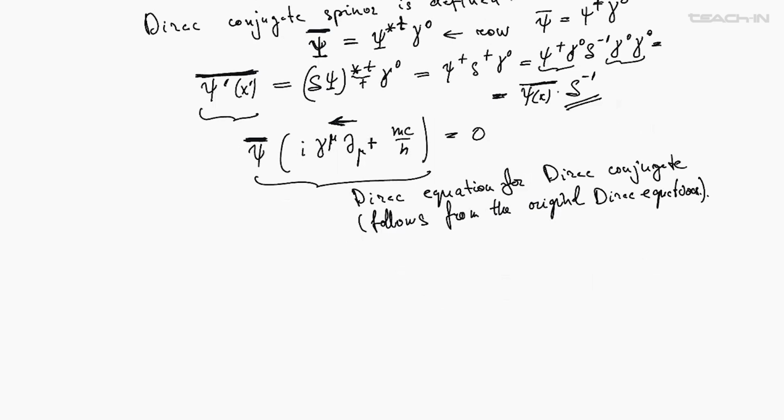Okay, now, so we considered the transformation properties of our spinors with respect to the rotation group and with respect to Lorentz boosts, which altogether provide the realization of the proper orthochronous Lorentz transformations.